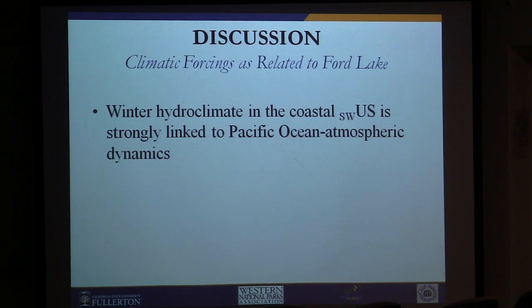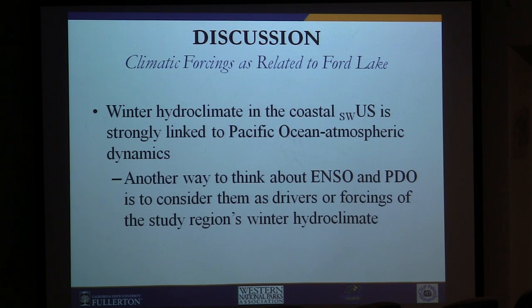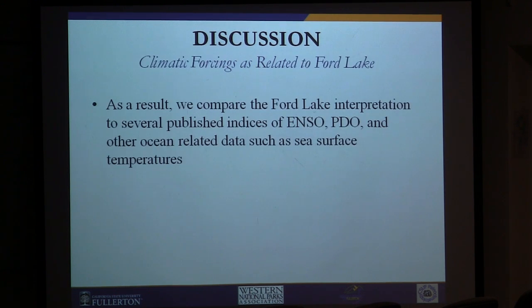So climate forcings in the Ford Lake region: we have winter hydroclimate in the coastal southwest United States, which is strongly linked to Pacific Ocean atmospheric dynamics. So another way to think of ENSO and PDO is to consider them as drivers or forcings to the study region's winter hydroclimate. So basically our winter precipitation.